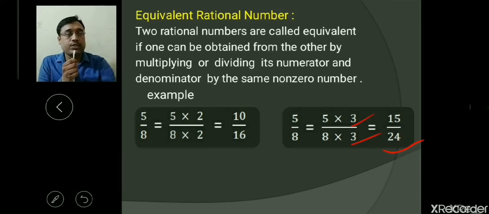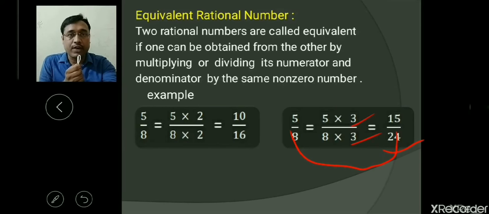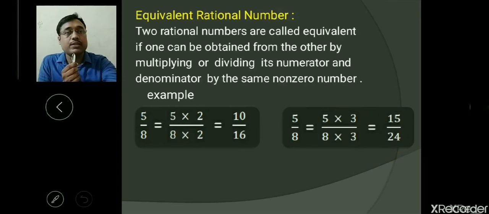Okay, 5 into 3 is 15, 8 into 3 is 24. So 15 by 24 and 5 by 8 are equivalent rational numbers. That means their form is different, but their value is equal. That's why it is called equivalent rational number.